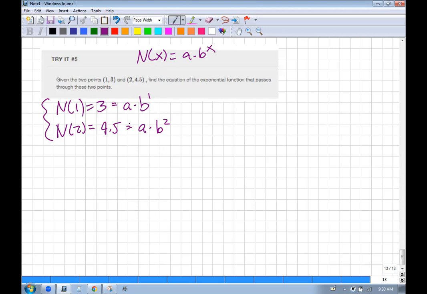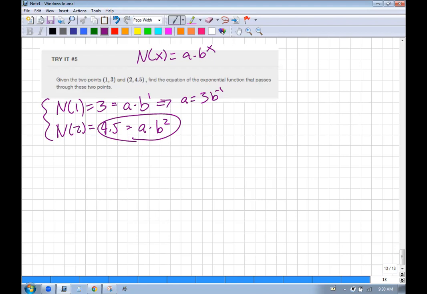So we have 2 equations, 2 unknowns. How do we solve? Well, this one right here makes it real easy. We could say, okay, obviously A is 3 divided by B. I'll write it like that, okay? And then we substitute that into this equation, and then we only have B's and we can solve.